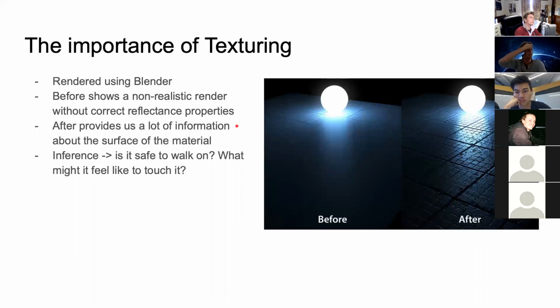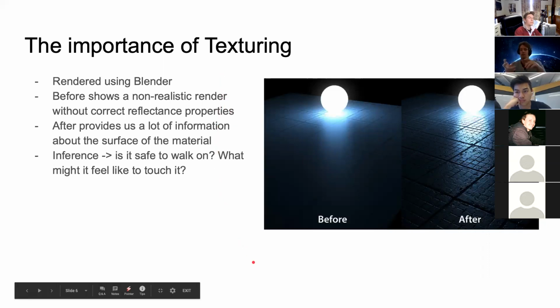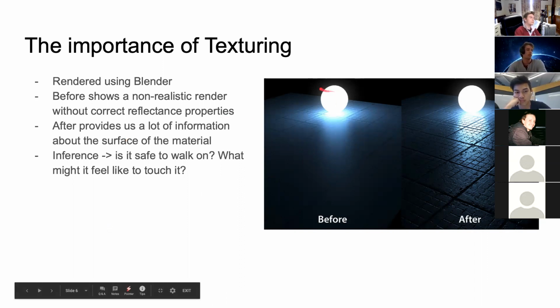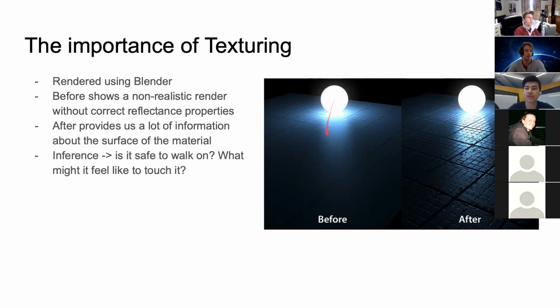So this is an example I thought would be useful about how texturing and light is important to understand the world around us, because this prelude is just about how images help us understand the world and why it's important to try and get robots to do the same thing. So this is basically a before and after photo of an unrealistic versus a realistic rendering of a scene.